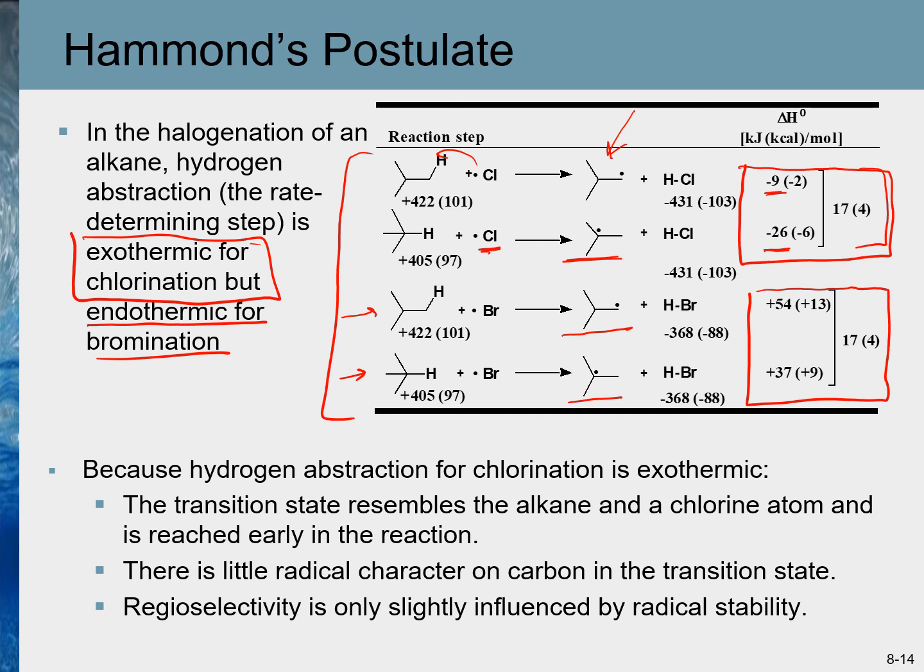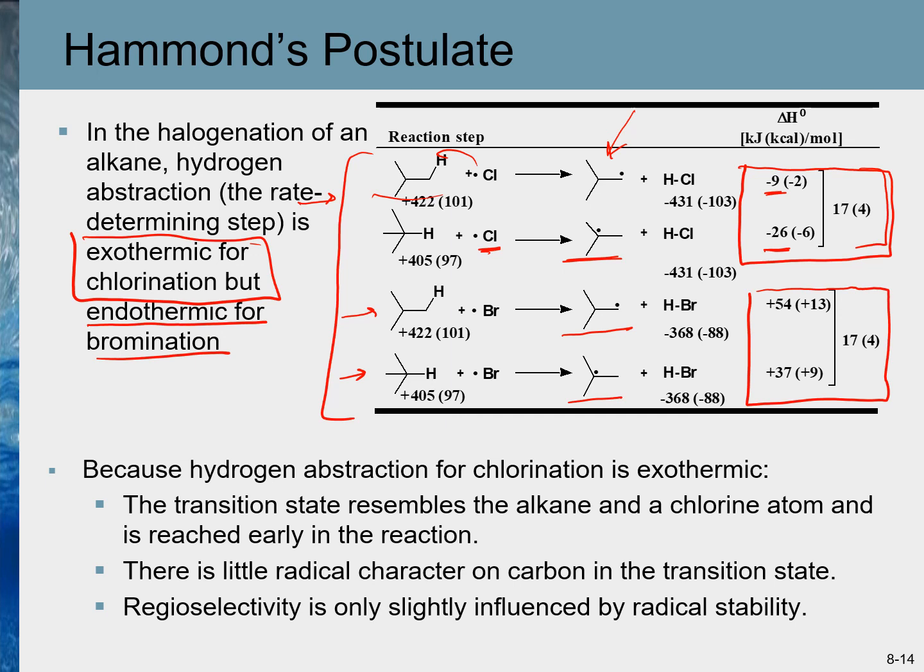Now we learned that Hammond's postulate states that in the case of exothermic reactions, the transition state resembles the reactant. So in the chlorination reaction, the transition state resembles an alkane and not the products, which are radicals.